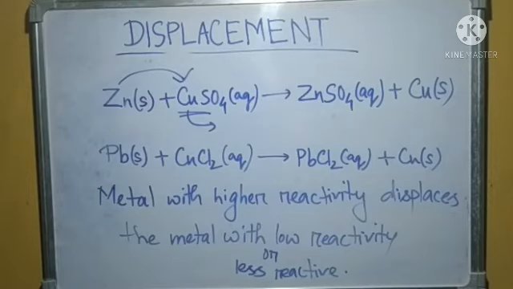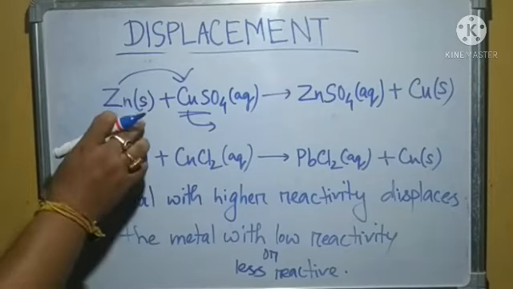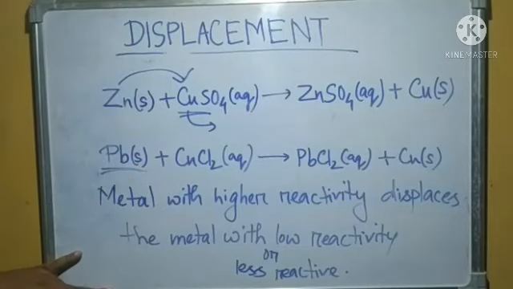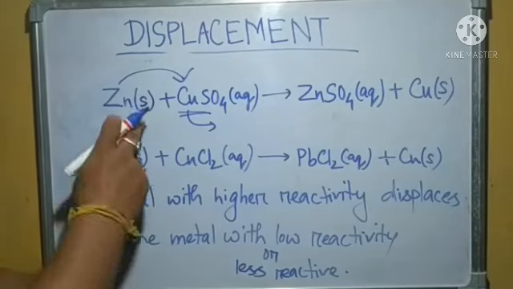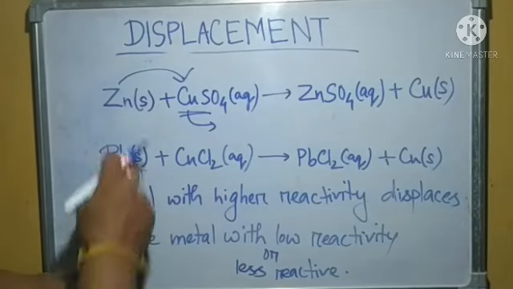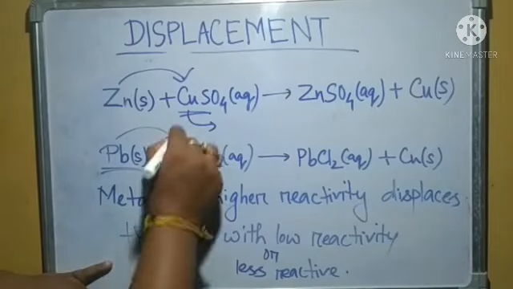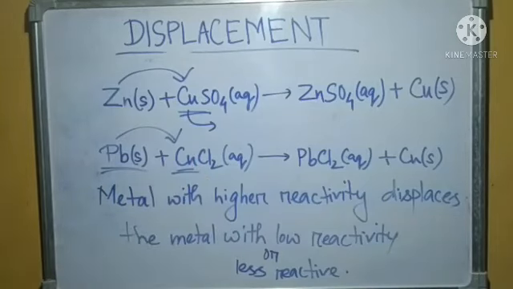In both of these reactions, in one we are using zinc and in the other we are using lead. In both cases the condition is similar: zinc and lead both have higher reactivity than copper. So zinc and lead are displacing copper out of the copper compound, here copper sulfate, there copper chloride.